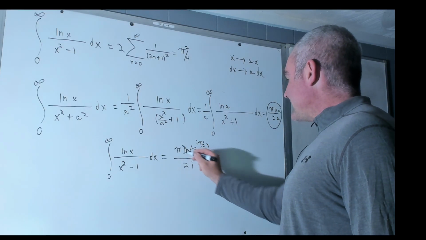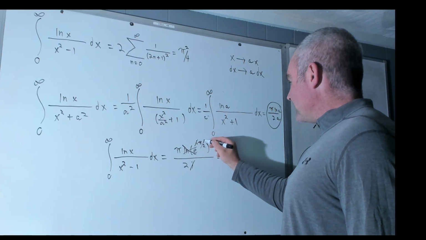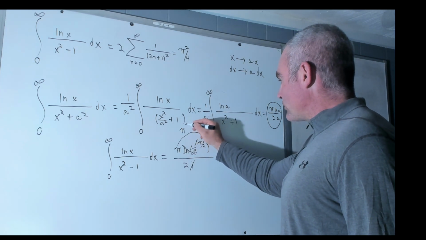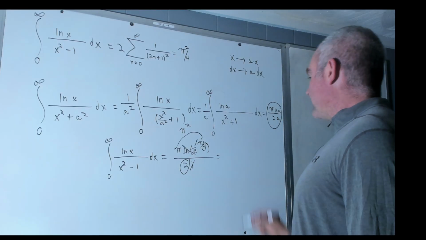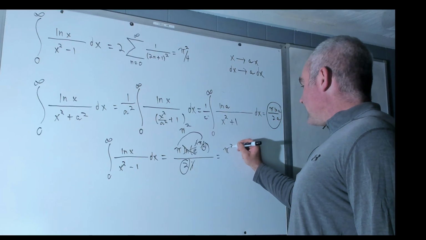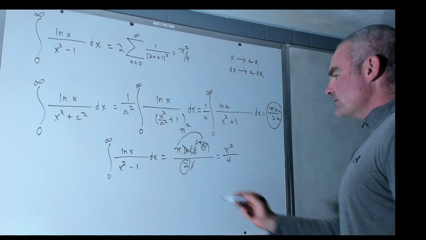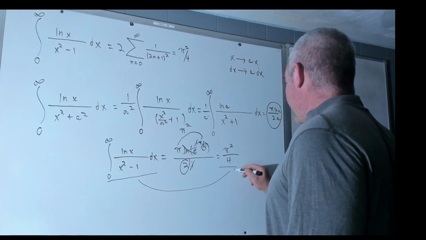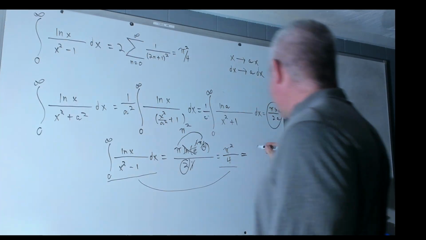Natural log and e cancel. i and i cancel. Pi and pi become pi squared, and 2 and 2 become 4. So we get pi squared over 4. So we have that integral equals that value, and it's also equal to that sum.